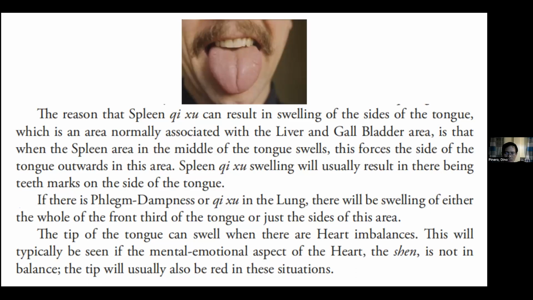So what we observe in the patient is first the coloration, which is red, and the presence of swelling on the tip of the tongue. We could associate this with the mental emotional aspect of the heart, the Shen, or an imbalance in the heart.